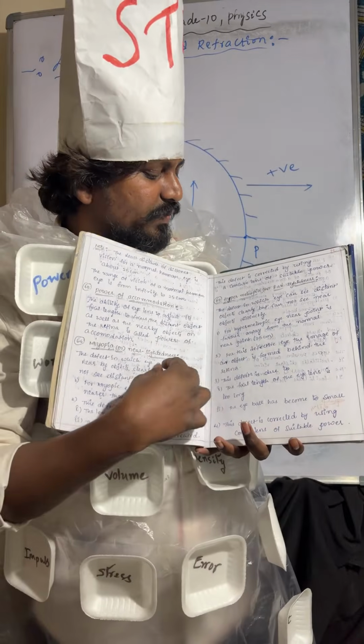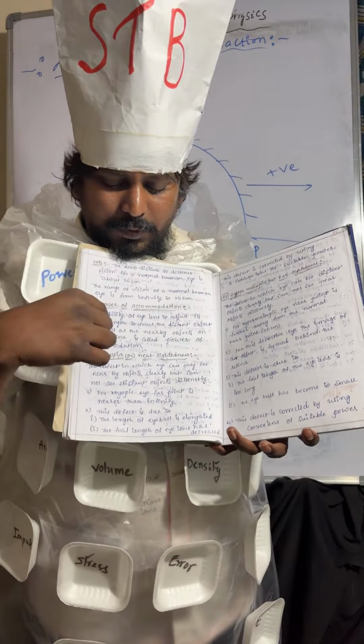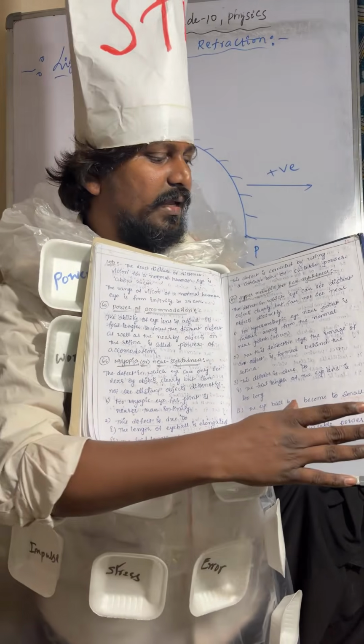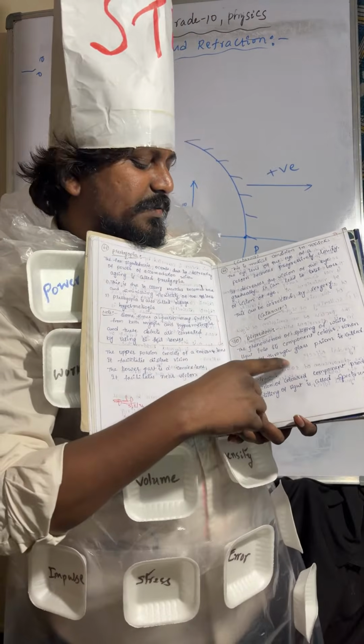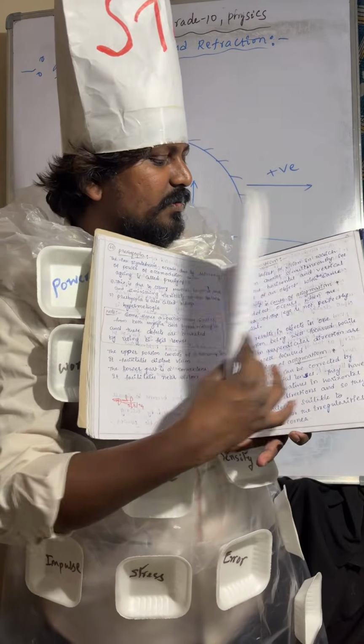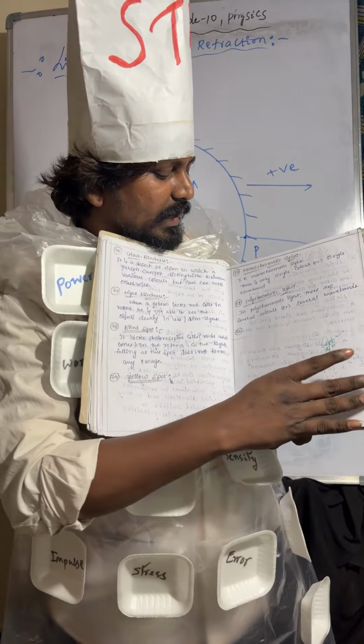You can zoom out if you want. And hypermetropia, myopia. Coming to this one, cataract, dispersion, spectrum, and astigmatism, causes of astigmatism, and like this.